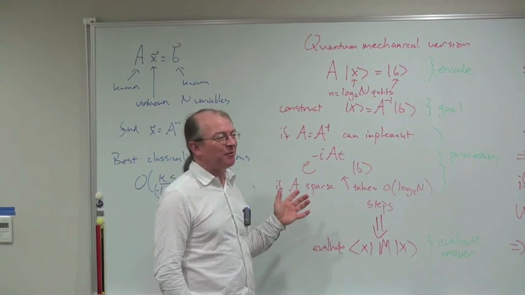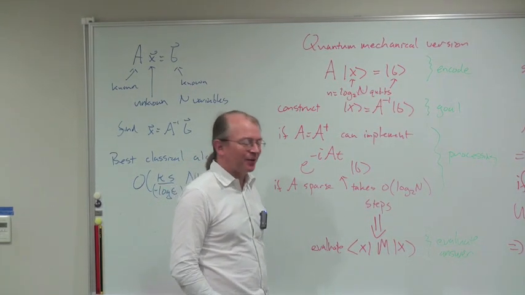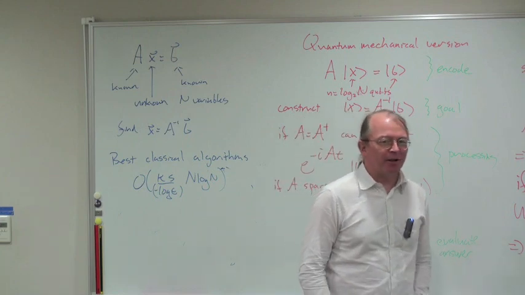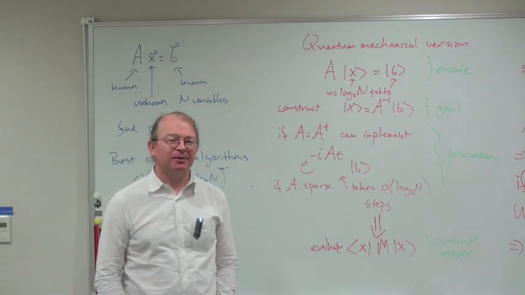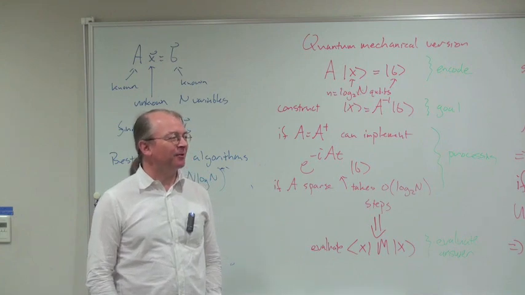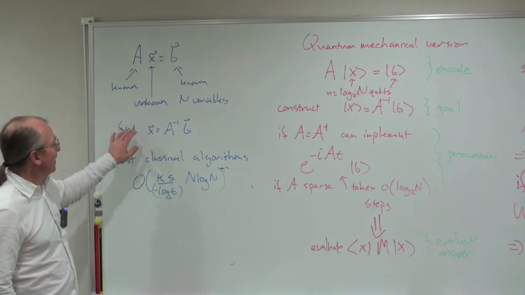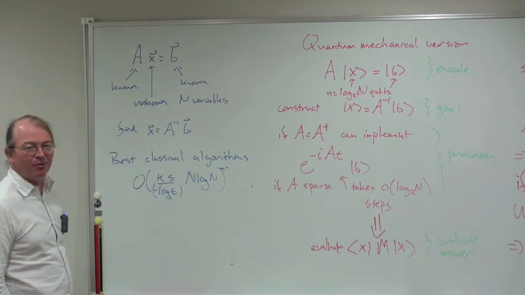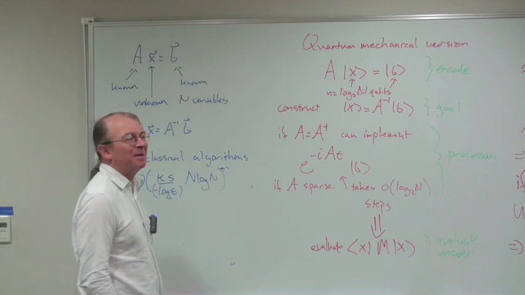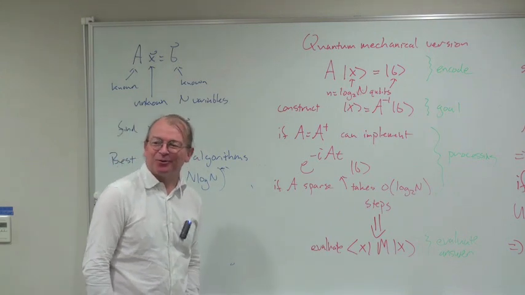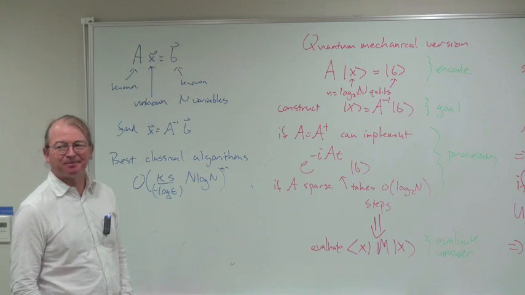It seems like way too much that you should be able to do this. In fact, when I first started working on this, it was at the suggestion of a classical computational complexity guy who said, hey, why don't you try to solve some of these linear equations, because they take a long time and they're often the sticking point for many algorithms. And I thought, oh, well, maybe we'll get like a square root of n speed up or something like that. But as it turned out, it was log n. It was like exponential speed up.